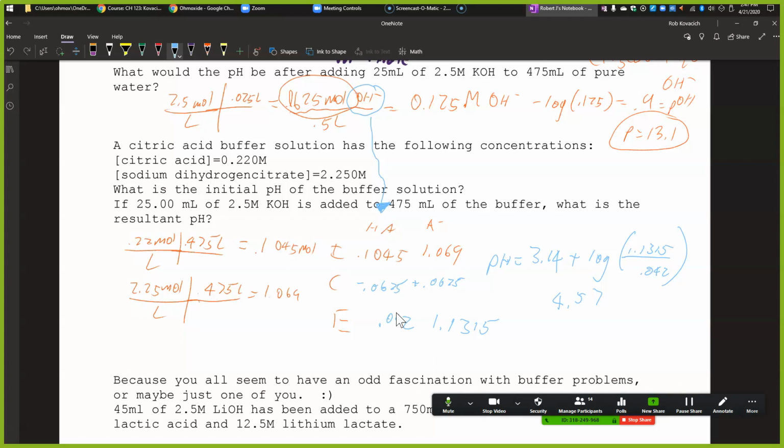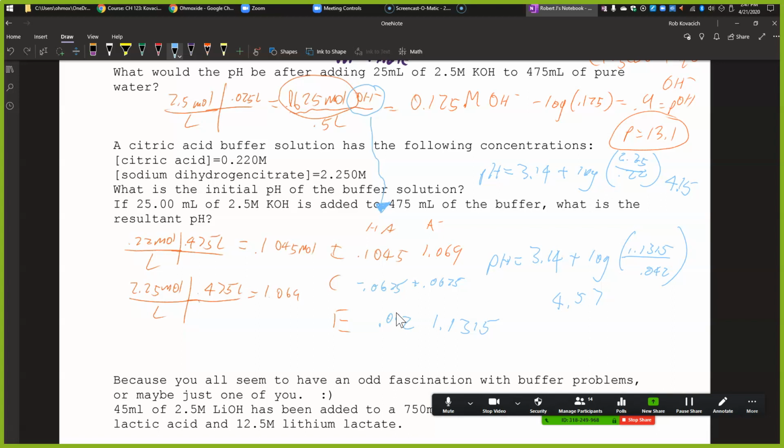We needed to do the initial, and we've skipped that question. So pH is equal to 3.14 plus log of 0.22 over 2.25.